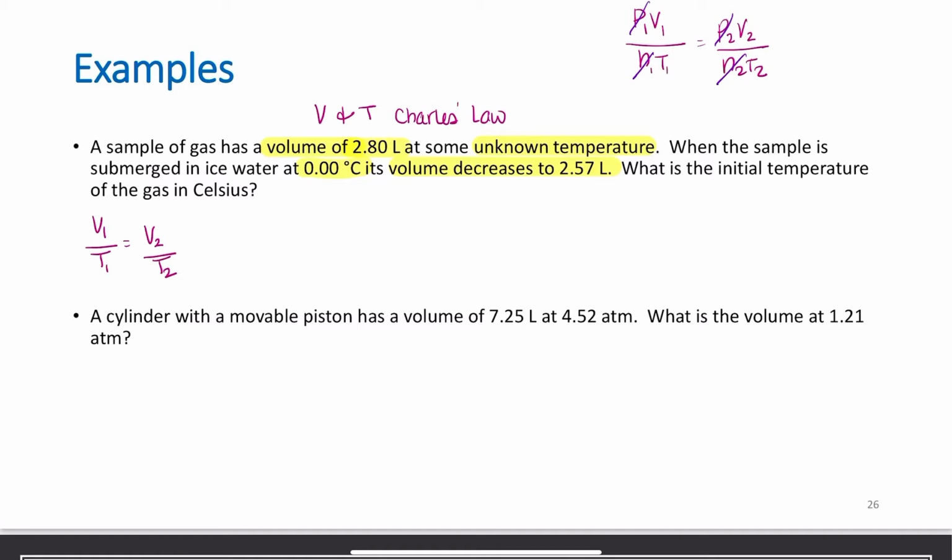Here, it tells me I have an unknown temperature, but I'm given an initial volume, a second temperature, and a final volume. So I'm going to solve for T1. If I rearrange this equation for T1, I'm going to get T1 equal to V1 times T2 over V2.